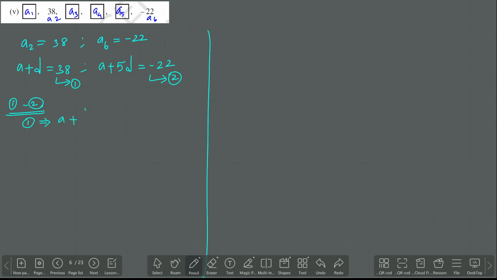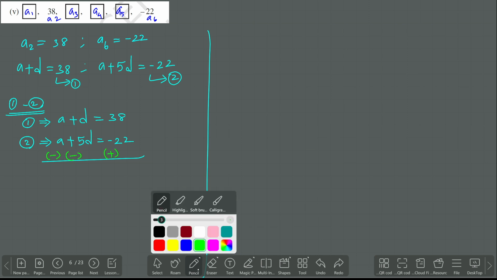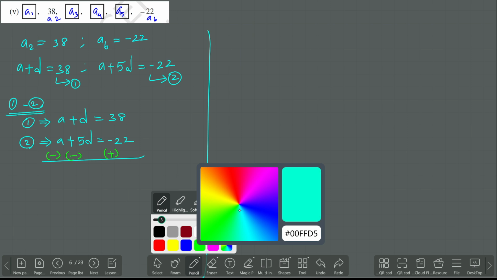So A plus D equal to 38. A plus 5 times D equal to minus 22. When I change to the opposite sign, here I am getting minus, this will be plus. Because when we subtract, we should give the opposite sign. Am I right, children? Am I right or wrong?